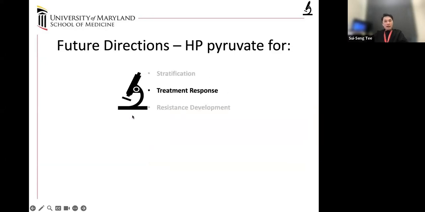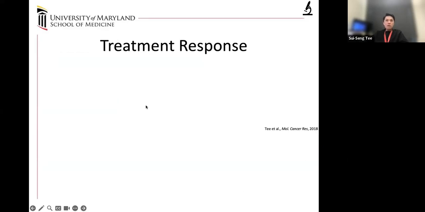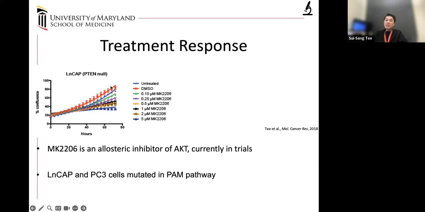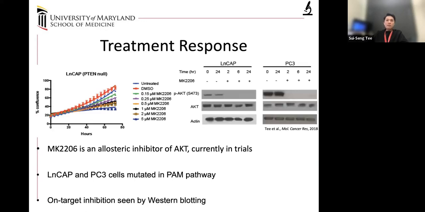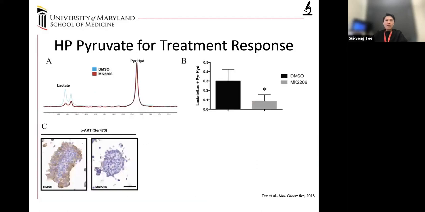So, besides stratification, I've also done some work in treatment response, where we treated a bunch of PTEN null cells with MK2206, which is an AKT inhibitor currently in clinical trials. We can see that treatment of these cells with this inhibitor very effectively suppresses AKT signaling, so this is an example of on-target inhibition.